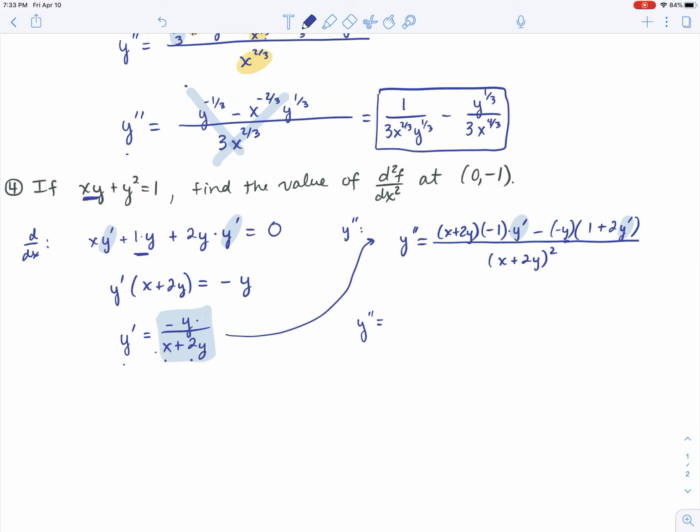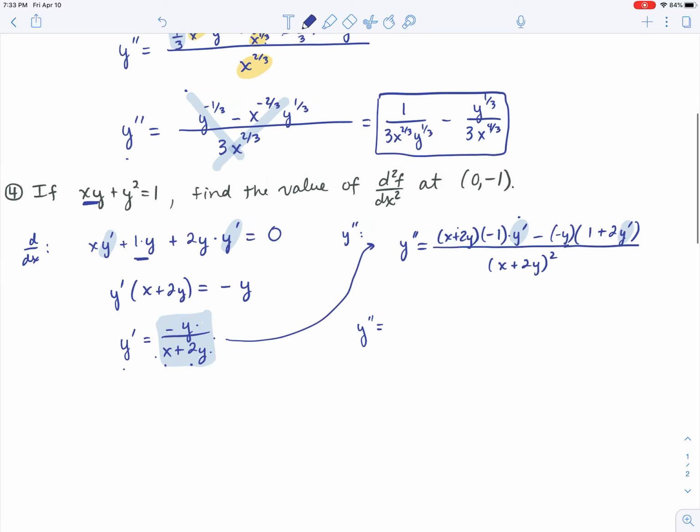Okay, so I'm trying to put in the y prime here, and actually what's happening is this denominator cancels with this numerator. So I really just get, I better write it out just to be sure. Okay, so I'm going to write this negative in the front, x plus 2y times y prime, which is negative y over x plus 2y.